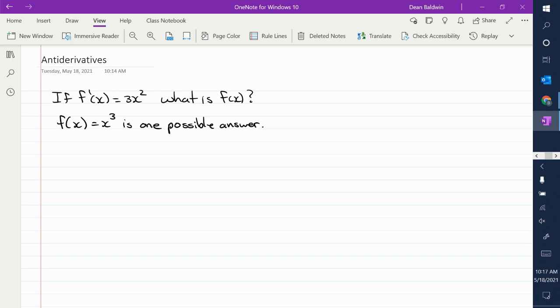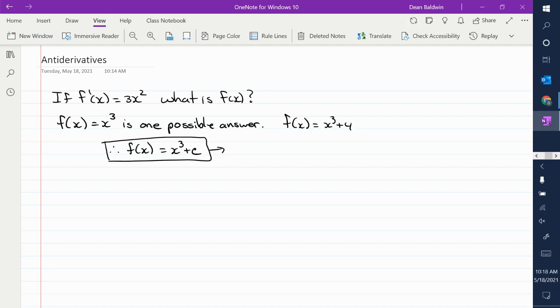Because if I wrote f of x is equal to x cubed plus 4, does that give me a derivative of 3x squared? It does, because the derivative of any constant is 0. So the actual answer would be f of x is equal to x cubed plus c. Okay?